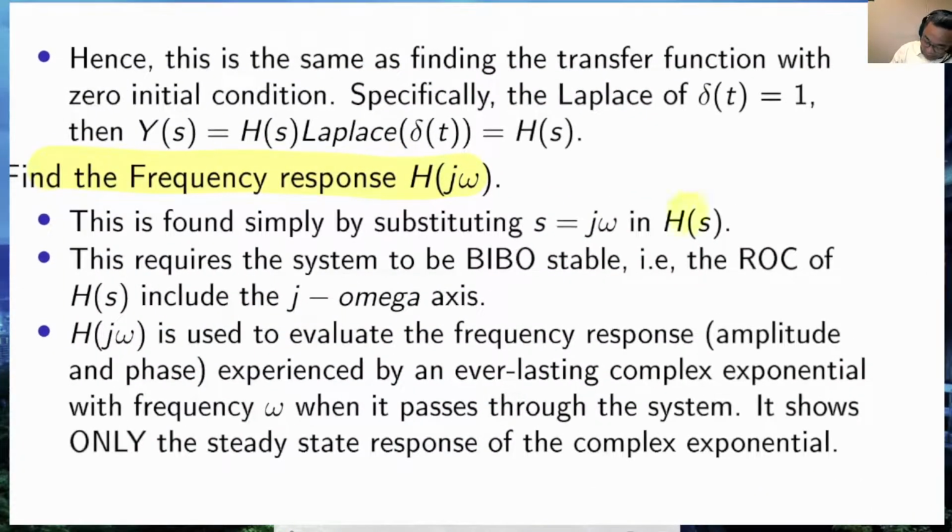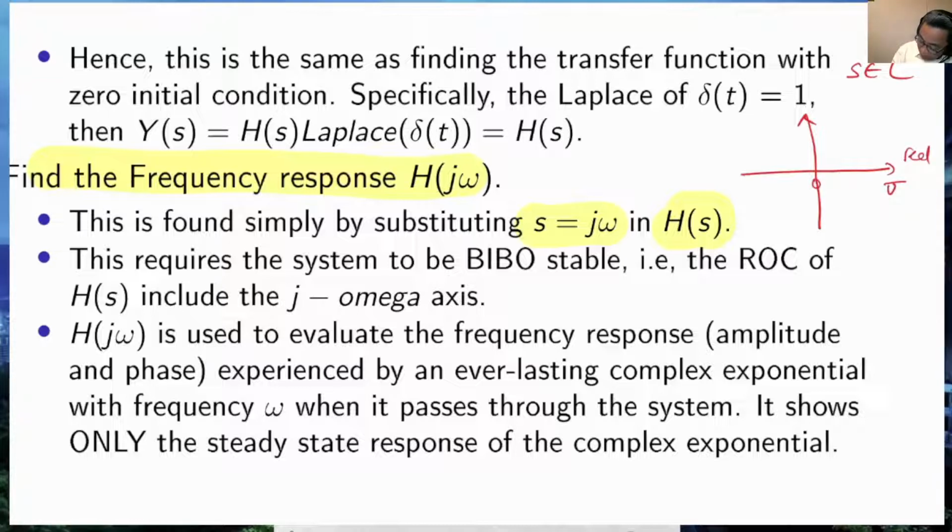Simply, once we have H(s), all we need to do is substitute s equals j omega. Where is s equals j omega? If you draw s, s is a complex number. A complex number has some sigma, which is the real part.